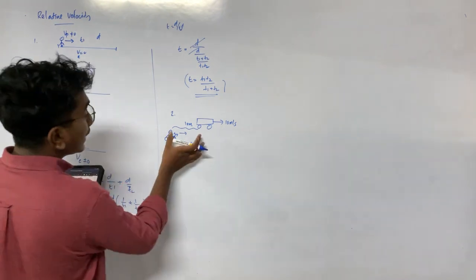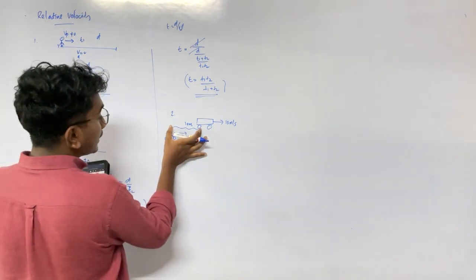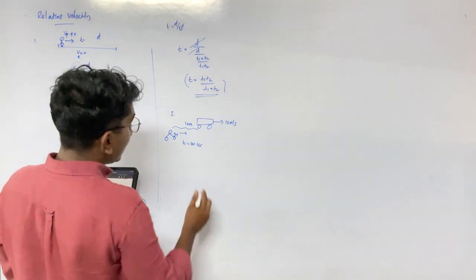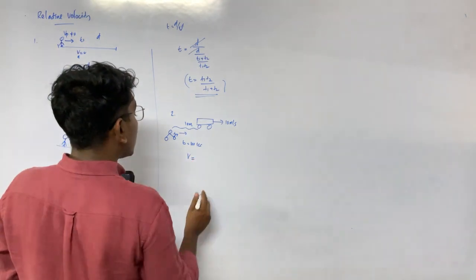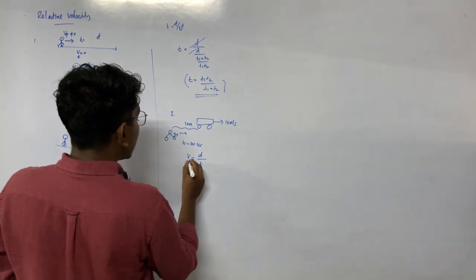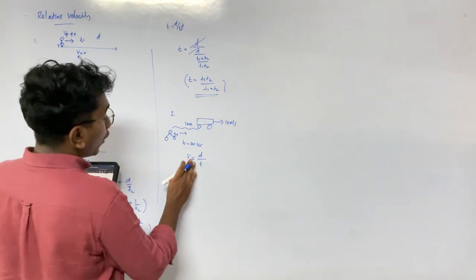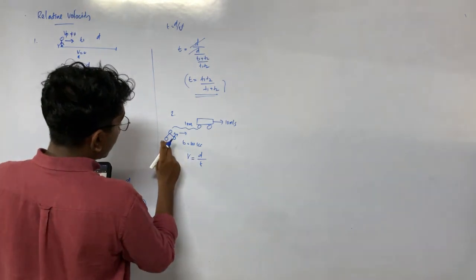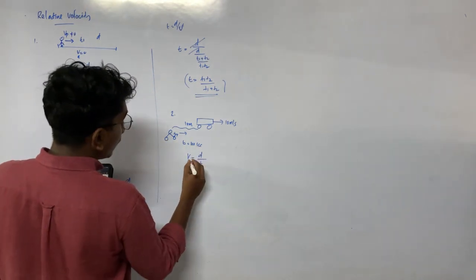So look at this. It has to cross 10 meter in time 100 seconds. Right? So I will say that velocity is equal to distance divided by time. What is this velocity? This is v relative, v of scooter with respect to bus.